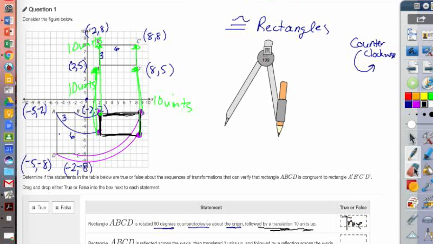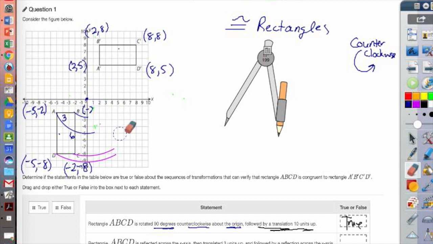I need to erase a little bit of this. Okay, now we're back to the original triangle. Problem 2. Rectangle ABCD is reflected across the x-axis.